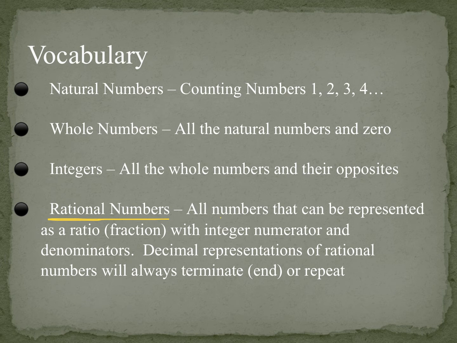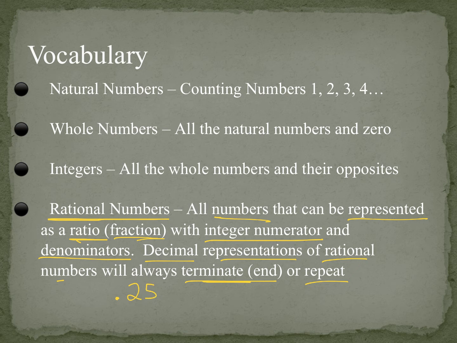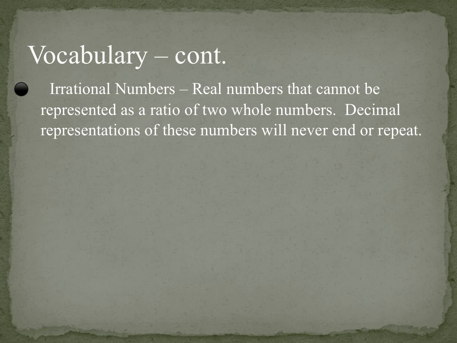It's all numbers that can be represented as a ratio or a fraction with integer numerator and denominator. Decimal representations of rational numbers will always terminate, end, or repeat. So I might say 0.25, or 0.3 repeating.